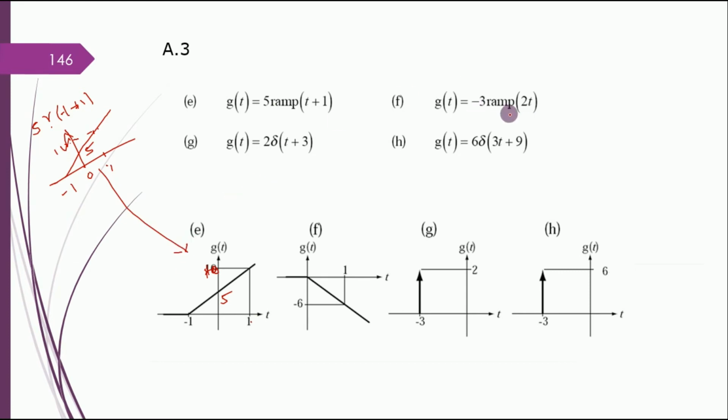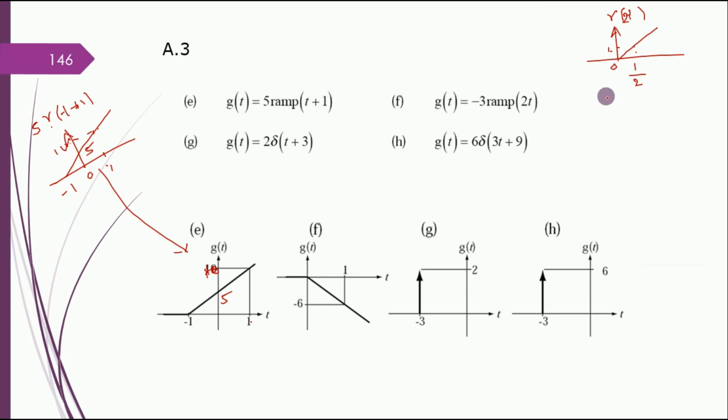And similarly, for the ramp function, if I scale it by 2, what happens? r of t is like this. At 1, you have 1. If I scale it by 2, this becomes 1 by 2. At 1 by 2, your amplitude is 1, right? So now I am amplitude scaling it by minus 3.